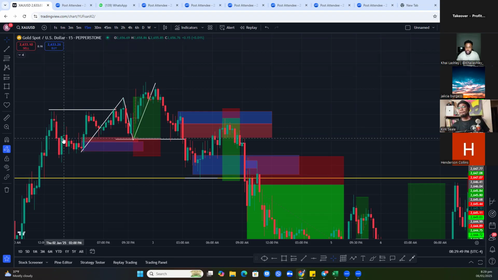You don't want to see just a wick above an area on a lower time frame. I would say at least like a 5 minute break or 15 minute break, and you're good to go. But if you got things like just wicks in and out and above.